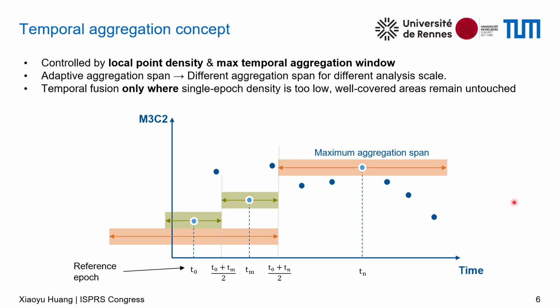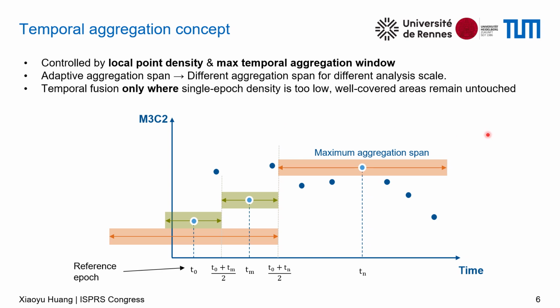As illustrated on this timeline, if you are comparing a short-term change, say between T0 and Tm, the maximum allowed search window span, shown as the green box, is relatively narrow. But if you are analyzing a long-term change between T0 and Tn, the maximum allowed window scales proportionally.